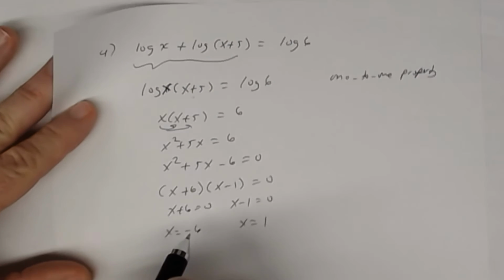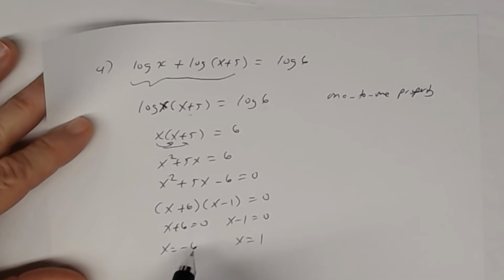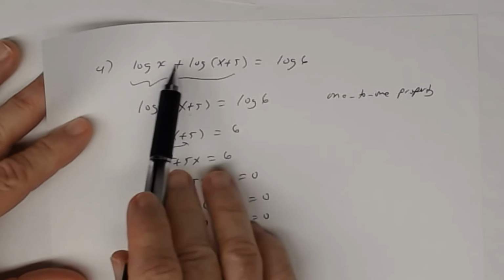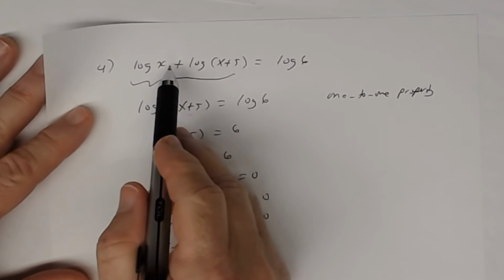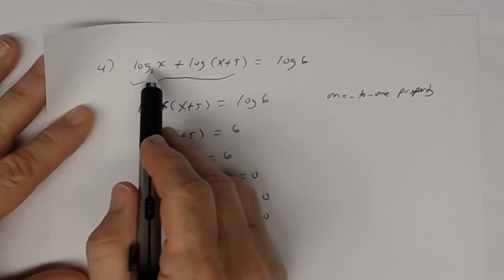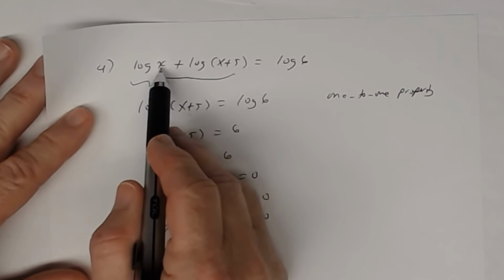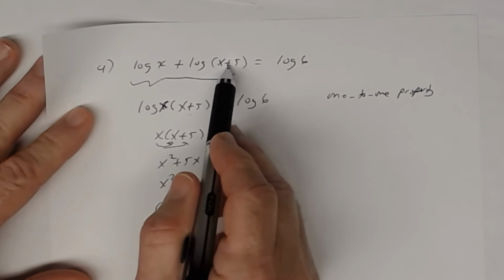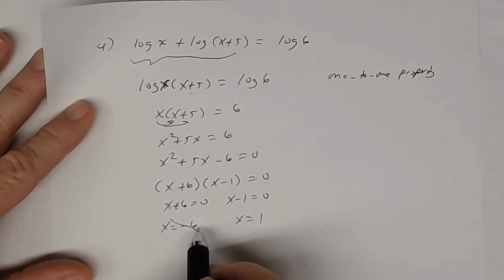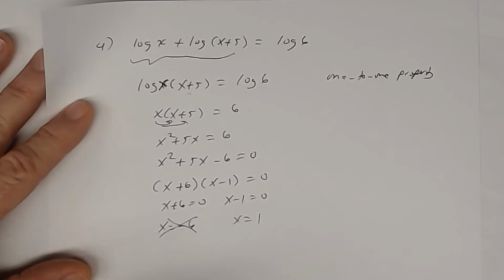All right. Now remember, you got to go back and check to see if any of these proposed solutions makes my argument negative. So look, right away, you know the negative 6 is not going to work because this argument's negative, right? Log of negative 6, you know it's not possible. That's undefined. Same thing here, negative 6 plus 5 is negative 1. So right away, you know this is not going to work. So let's be careful.